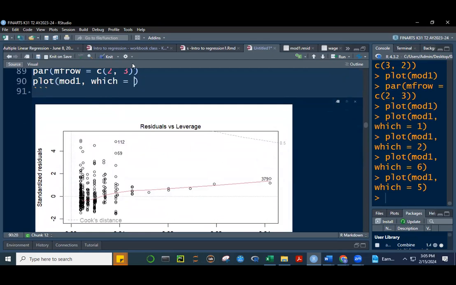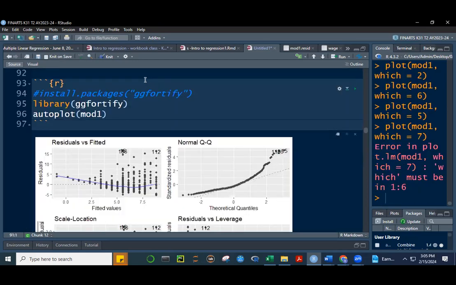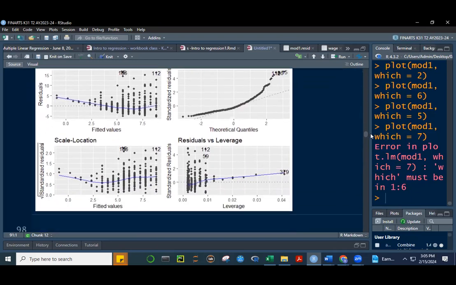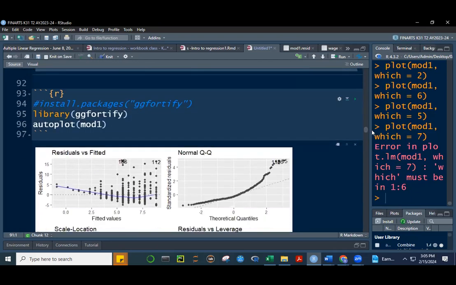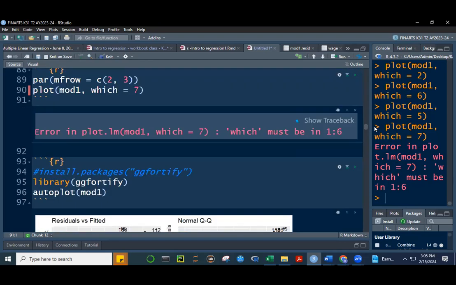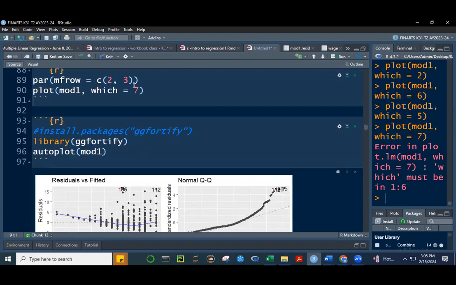Okay. If I try 7, wala. Walang 7. So, wala, no? So, dapat 1 to 6 lang daw yan. So, if I, which is equal to C, 1 up to 6.